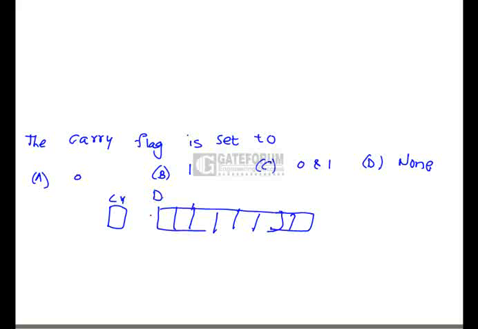The RLC instruction keeps D7 in the carry. Before performing RLC, the accumulator contains 00H, so 0 is going to be pushed into the carry. After execution also the carry flag is not going to be affected by the RET instruction. So option A is correct.